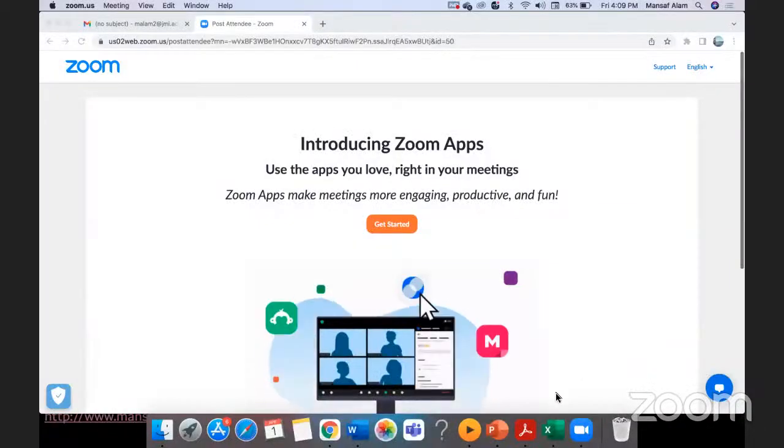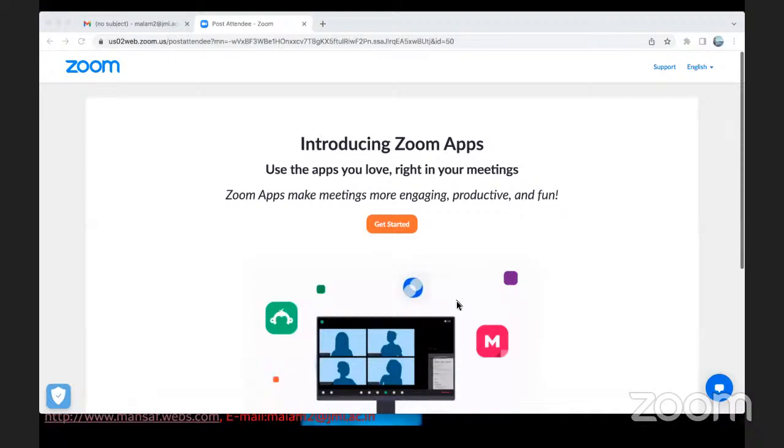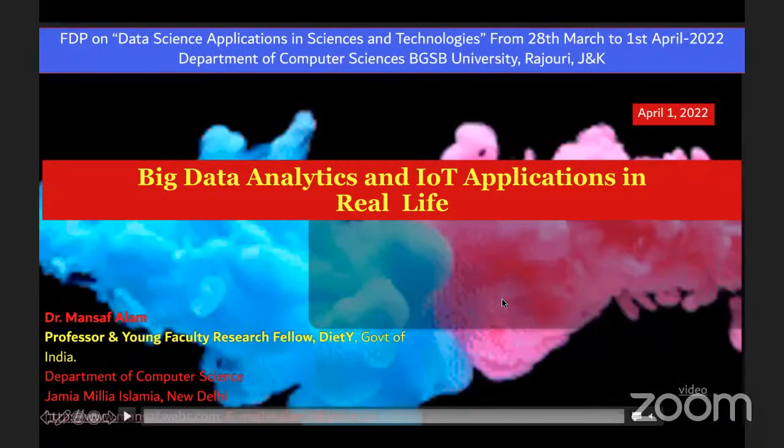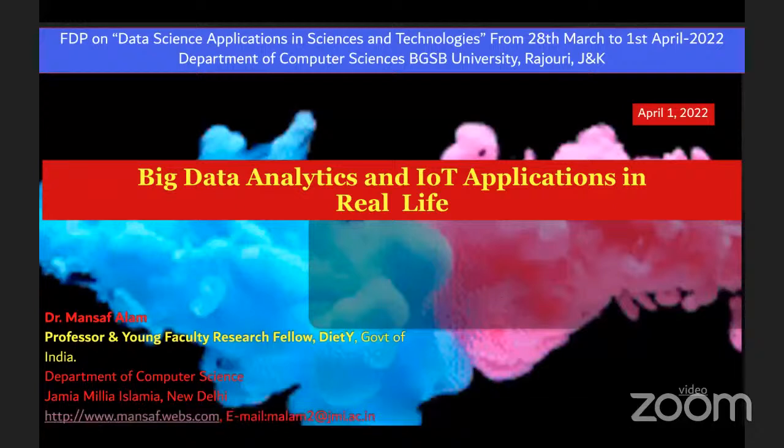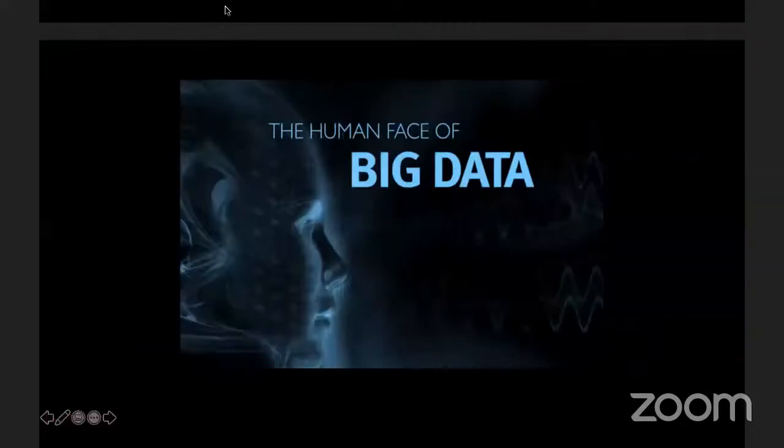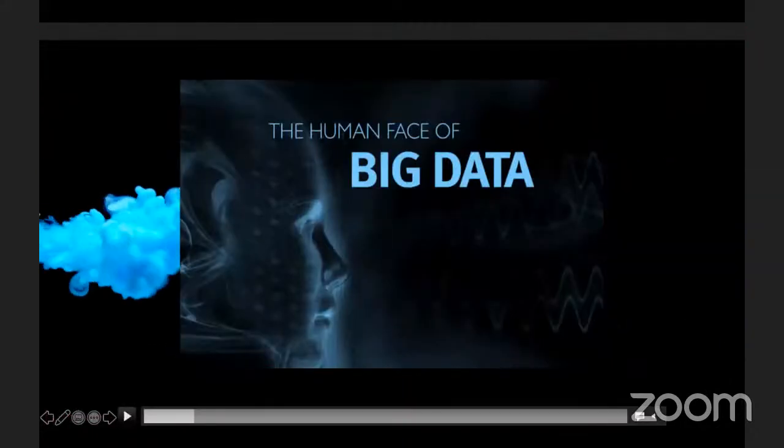Professor Mansaf Alam is working presently as a professor in the Department of Computer Sciences, Jamia Millia Islamia, New Delhi. His research interests include cloud computing, IoT, big data analytics, artificial intelligence, and digital logic design. He has published 5 books entitled Digital Logic Design, Concepts of Multimedia, Internet of Things: Concepts and Applications, Big Data Analytics: Its Applications in Business and Market, and Extended Reality for Healthcare System: Recent Advances in Contemporary Research.